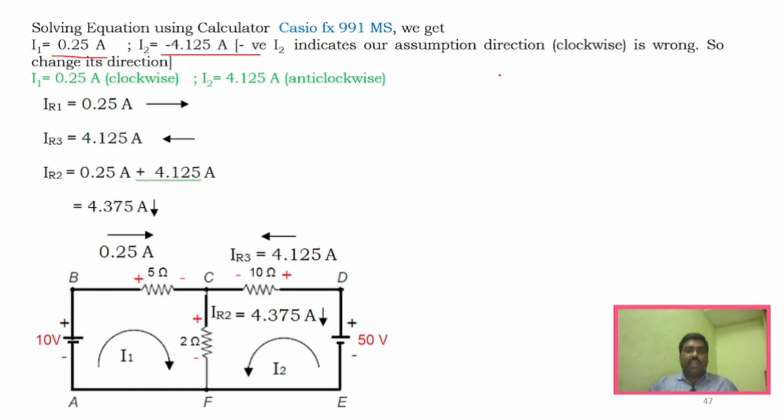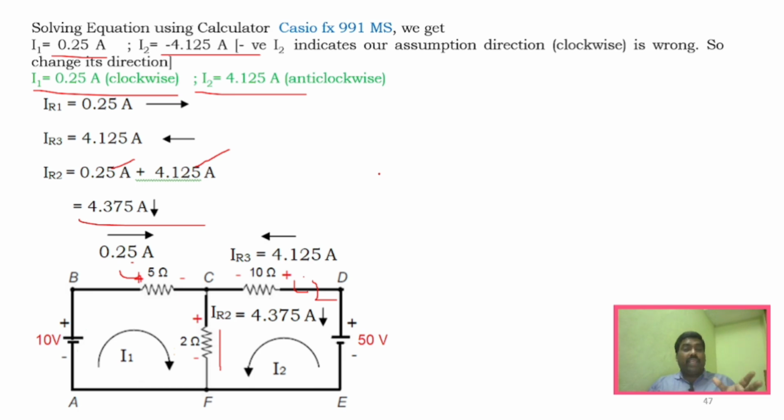If you want to find the current across each resistor, for the 5 ohm resistor, I1 is flowing, and for the 10 ohm resistor, I2 is flowing. Whereas in the common resistor, it is I1 plus I2, so 0.25 plus 4.125, which is 4.375.